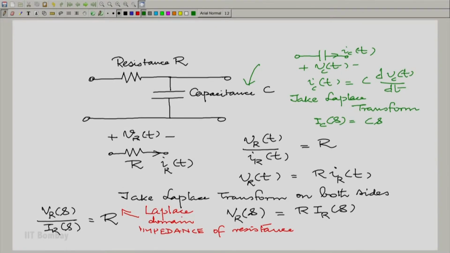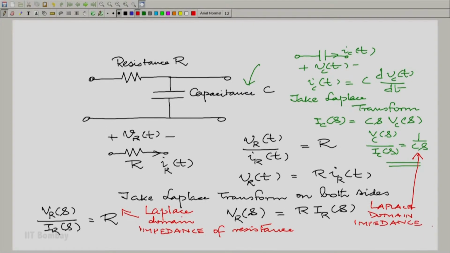Now, remember, when you take a derivative, you are multiplying the Laplace transform by s. So, therefore, V_C(s) by I_C(s) is 1 by Cs, and this now becomes the Laplace domain impedance of the capacitance.